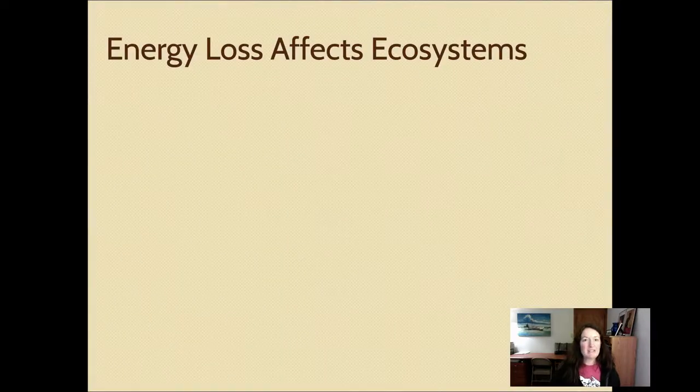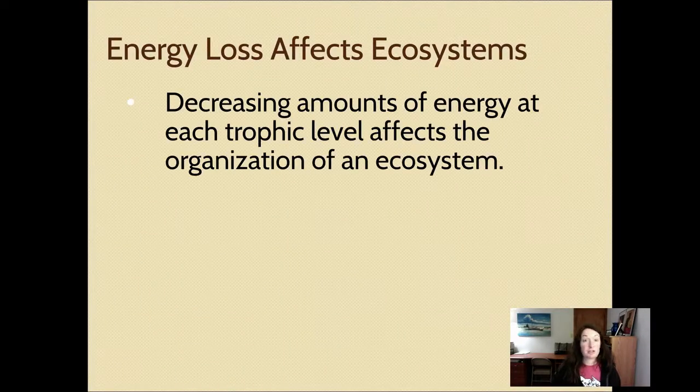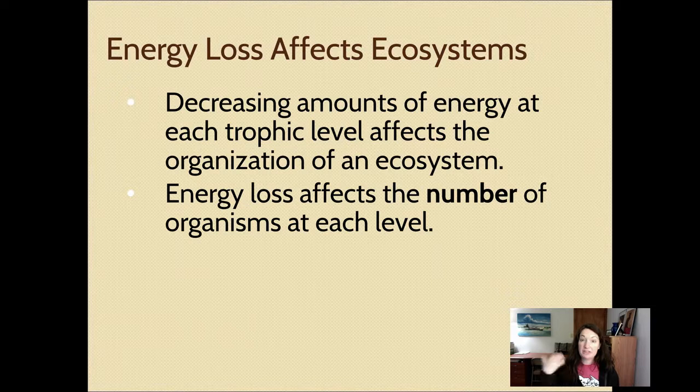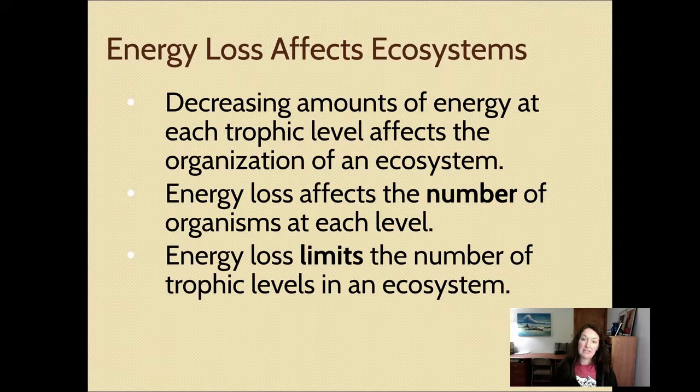So energy loss does affect how ecosystems are structured. Because the energy is decreasing as you move up trophic levels, the organization of the ecosystem is affected. It affects the number of organisms at each level, like we talked about a few slides back. Energy loss limits the number of trophic levels in an ecosystem.